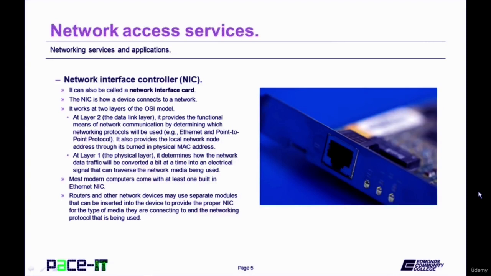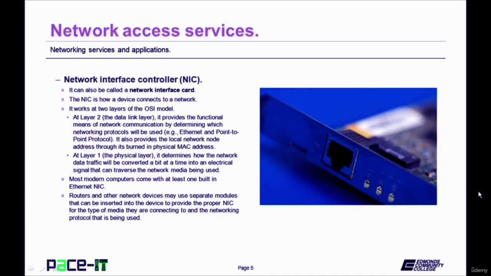At layer 1, the physical layer, the Network Interface Controller determines how the network data traffic will be converted, a bit at a time, into an electrical signal that can traverse the network media being used, i.e., it provides the connection to the network.